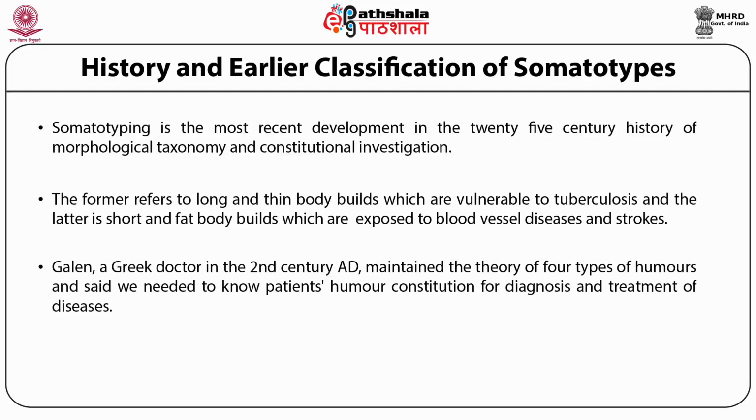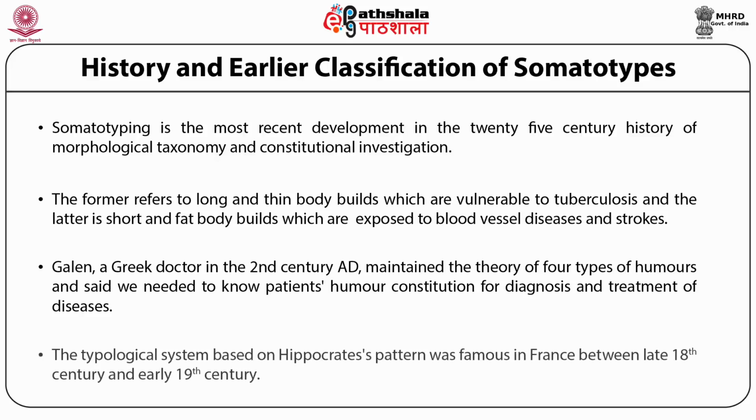In the 4th century BC, Aristotle said specific bodies had specific characteristics. In the early 11th century, an Arabic doctor and philosopher, Avicenna, recommended the study of temperament as it is related to character.